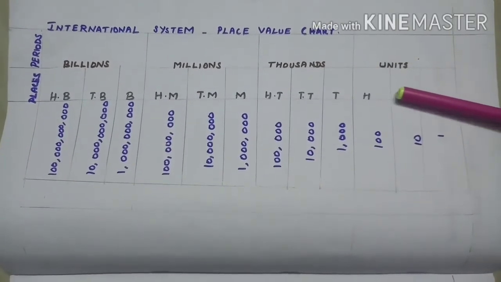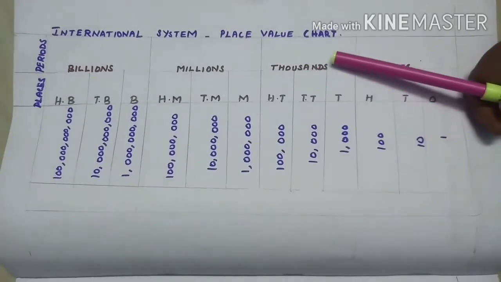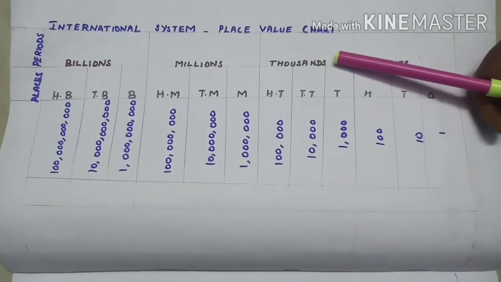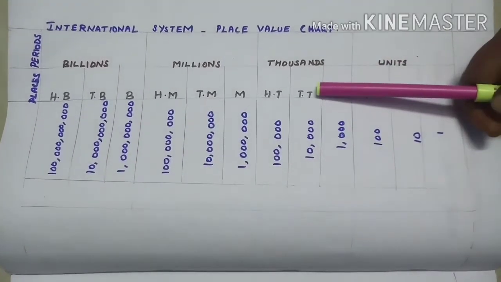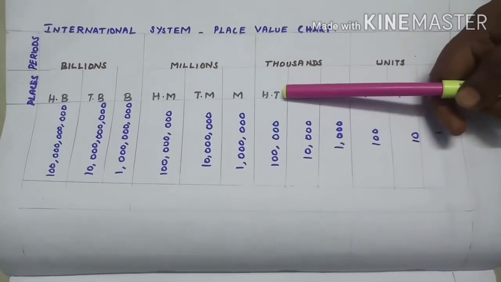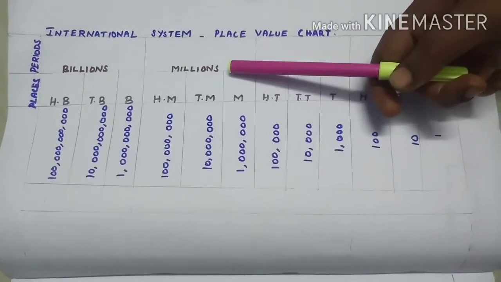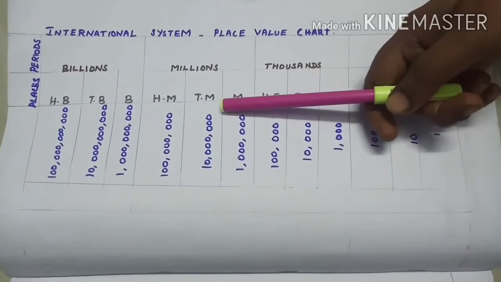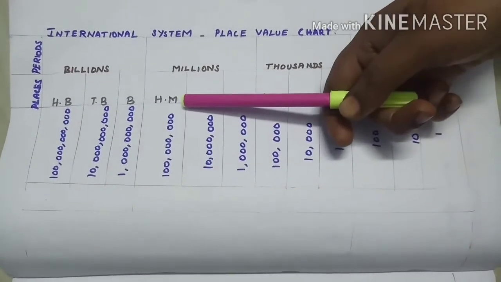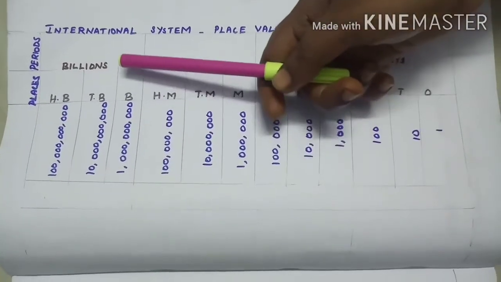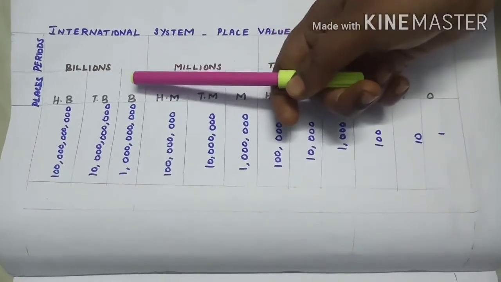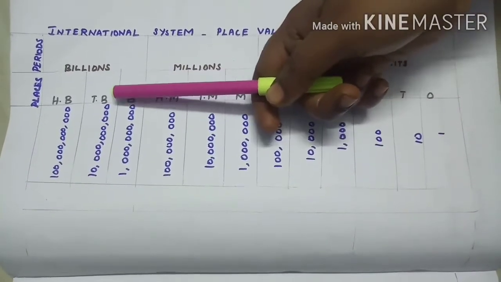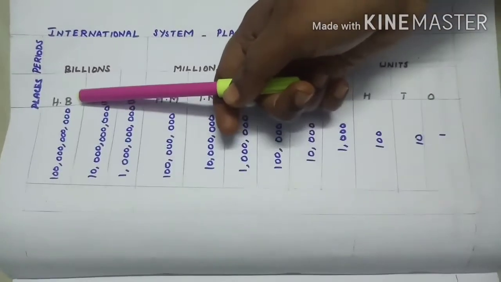Ones, tens, hundreds. Under the period thousands, the places are thousand, 10,000, 100,000. Under the period millions, the places are million, 10 million, 100 million. And under the period billions, the places are billion, 10 billion, 100 billion.